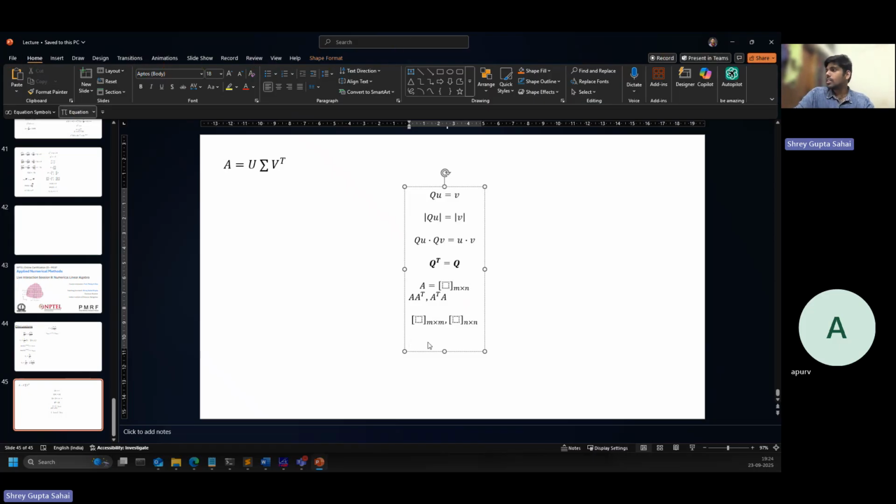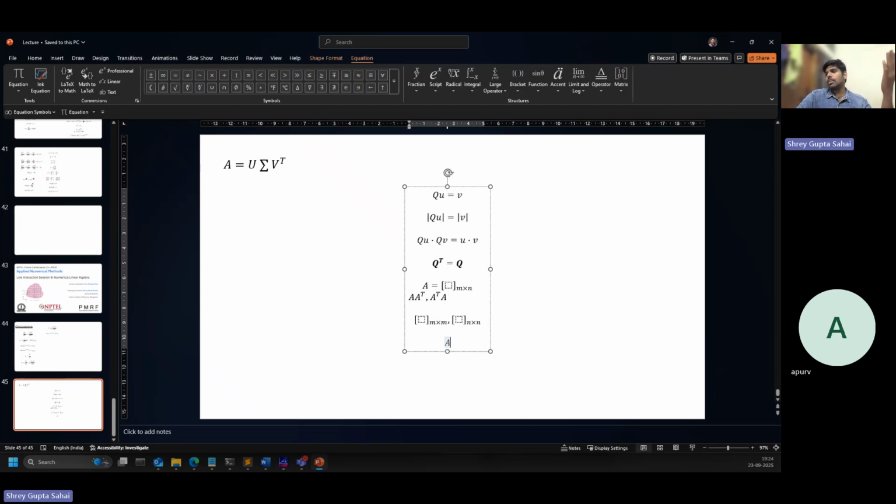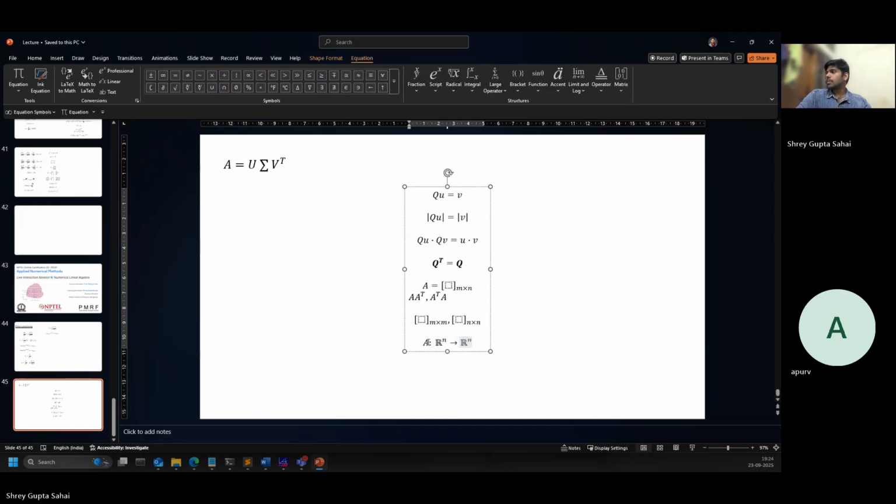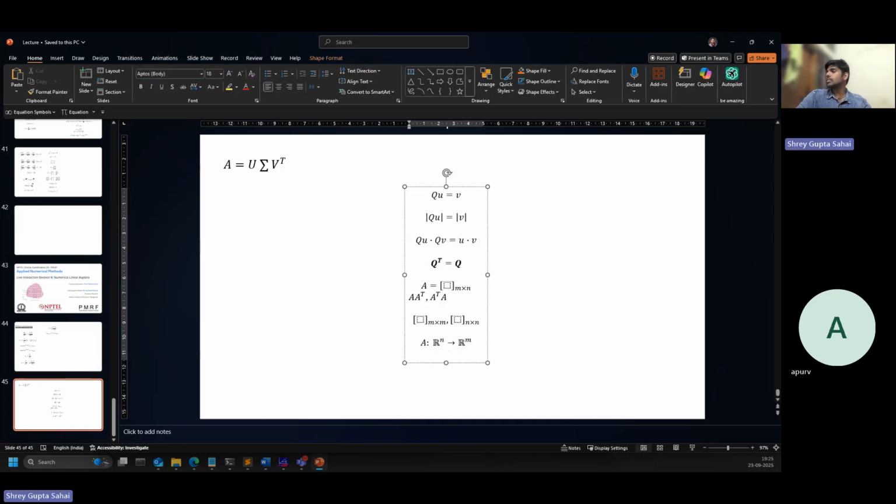So what am I saying is that A will transform a vector in R to the power n, not R to the power, script double R, I think. So you know about this, right? So A is kind of moving a vector from R to the power n to R to the power m. But these two of them are moving in the same region.